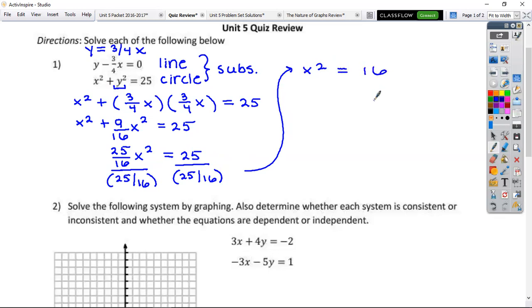We always get squares equal to 0. So I'm going to take my 16 to the left-hand side. So minus 16, minus 16. And I get x squared minus 16 equals 0. All right, guys, what method of factoring is this going to be? Difference of squares. Good.